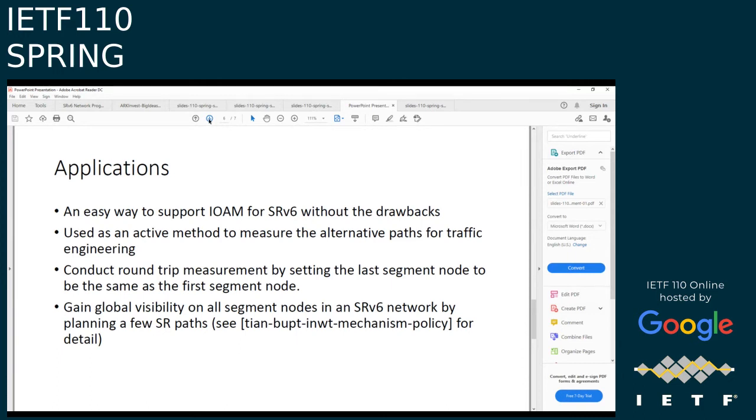The next is that it is very easy to support round-trip measurement. We can simply set the last segment node to be the same as the first one, so the packet is automatically routed back to the source, and we can get the round-trip time. Also, there are algorithms to calculate a small number of paths that can cover all the nodes in the network. Then we can plan these paths to collect the data, and gain global visibility on all the segment nodes. Next slide.